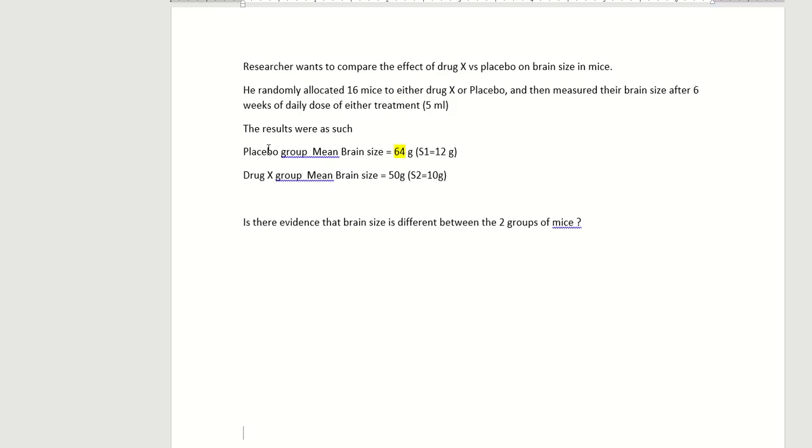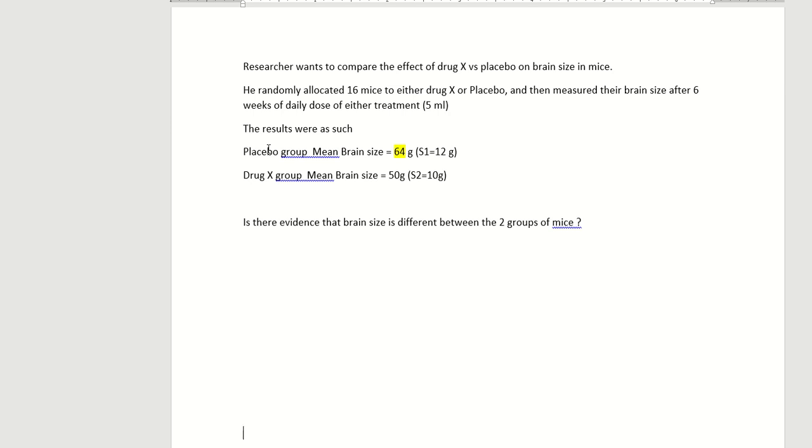It says a researcher wants to compare the effect of drug X versus placebo on brain size in mice. He randomly allocated 16 mice to either drug X or placebo, and then measured their brain size after 6 weeks of daily dose for either treatment. So 16 mice, 8 were treated with the drug, the other group was treated with the placebo for 6 weeks at a certain dose.